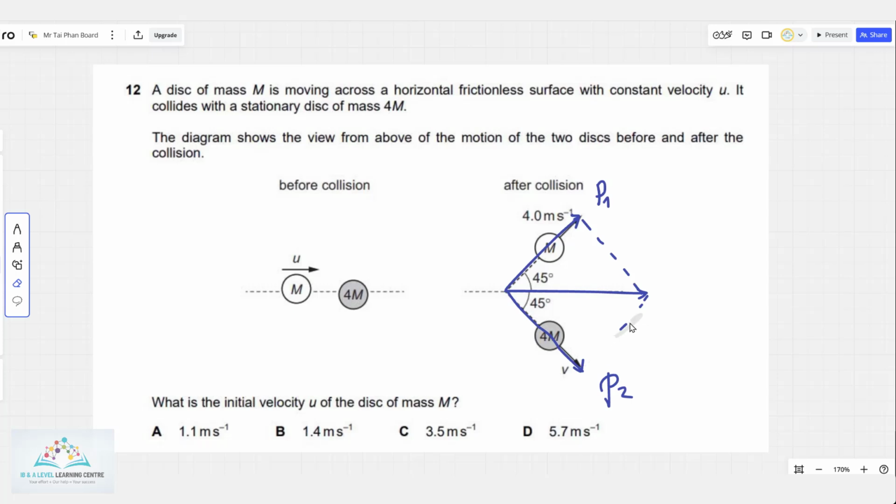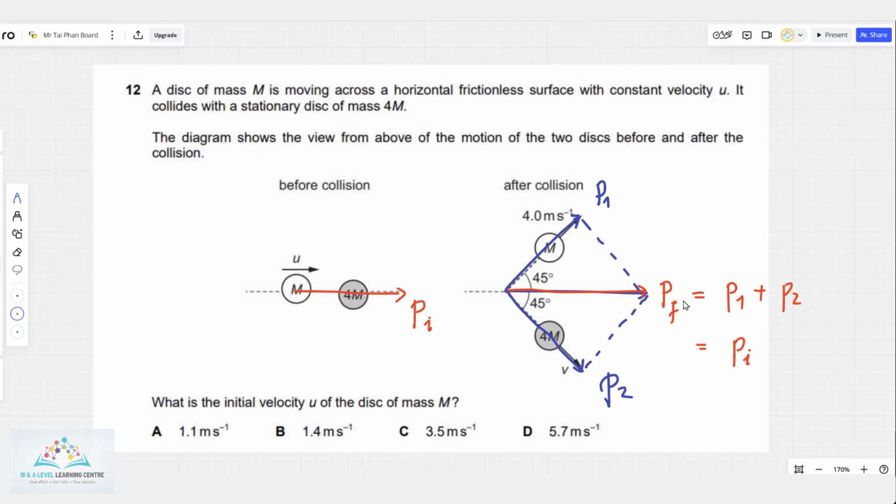Let me fix the drawing a little bit, make it more accurate. Okay, like this. The point is that this final momentum p final, which is the sum of p1 and p2, must be exactly equal to the momentum before the collision, which is the momentum of the first object here. This is p initial, pi.